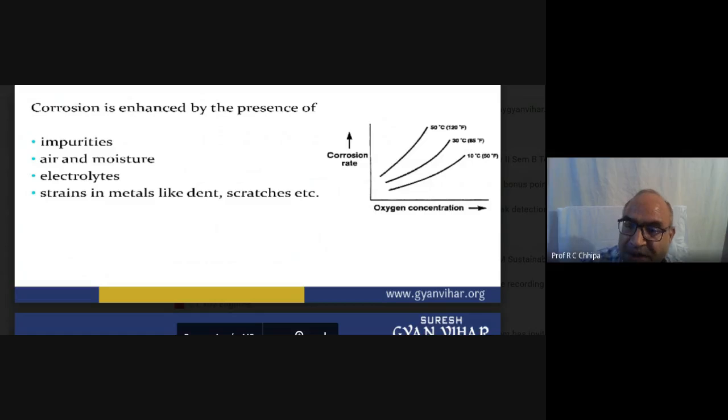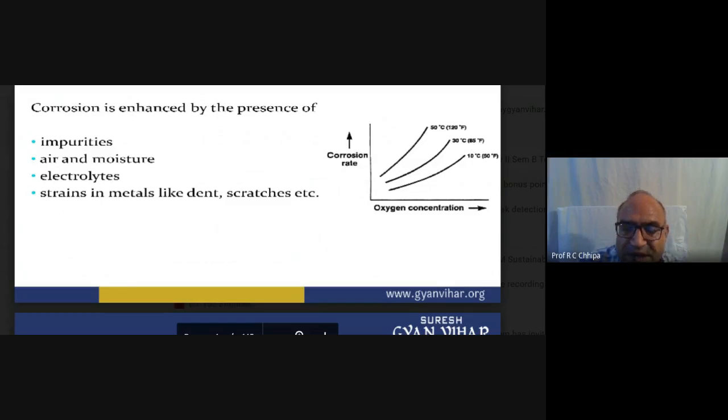So we can give the answer that buildings constructed in the Mumbai area are definitely more corroded because of the presence of electrolyte in the seawater. Similarly, in those areas the maximum amount of electrolyte is present.